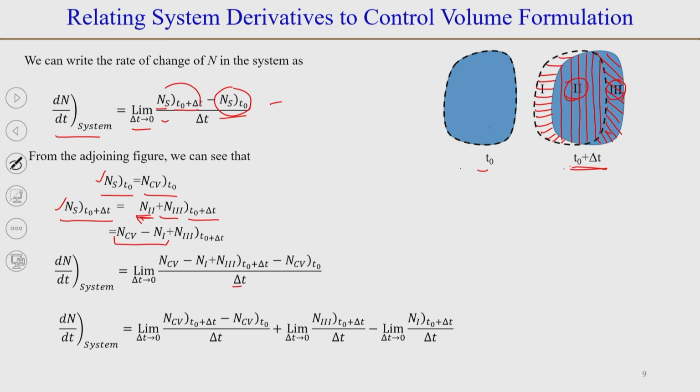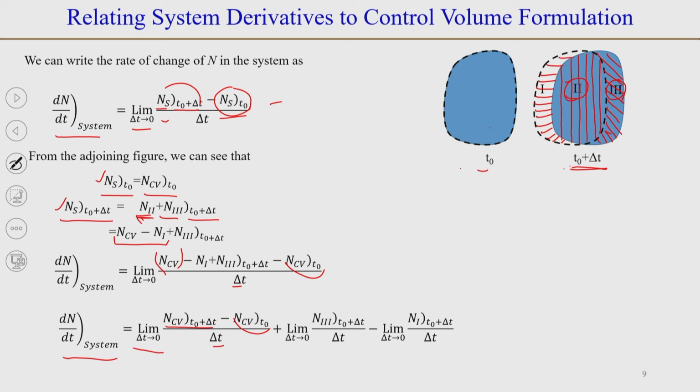So, now we can rearrange and write it again. dN by dt of system will be equal to, in the limit delta t tends to 0, we can take N_cv at time t naught plus delta t minus N_cv at time t naught together, divided by delta t, and we can see that this will give us dN by dt inside the control volume.